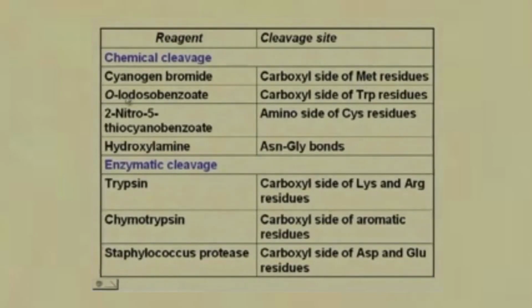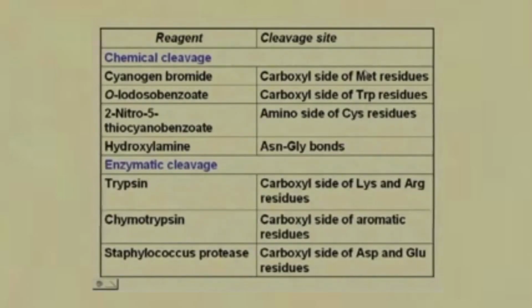I can have iodosobenzoate that is going to cleave on the carboxyl side of tryptophan residues. The useful thing here is that since proteins do not have many methionine, tryptophan or cysteine residues, it is easier for you to get fragments.